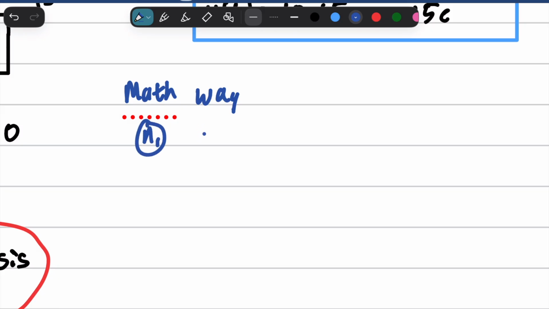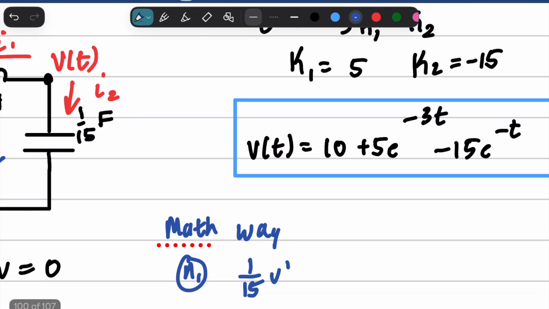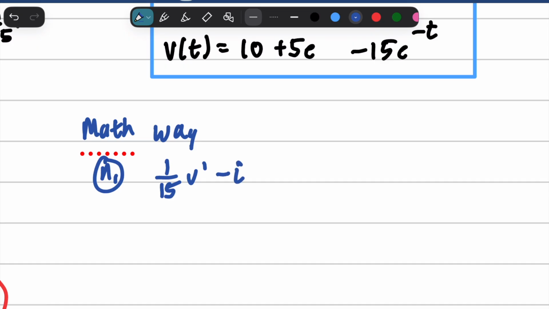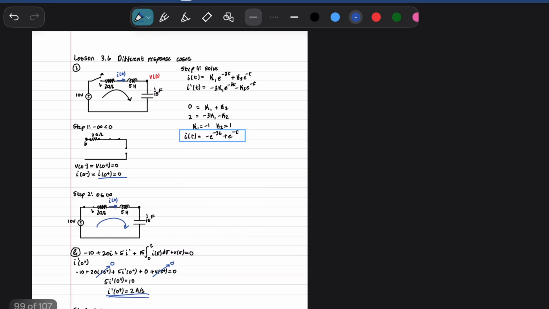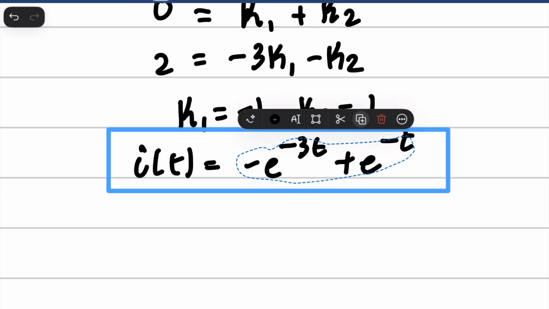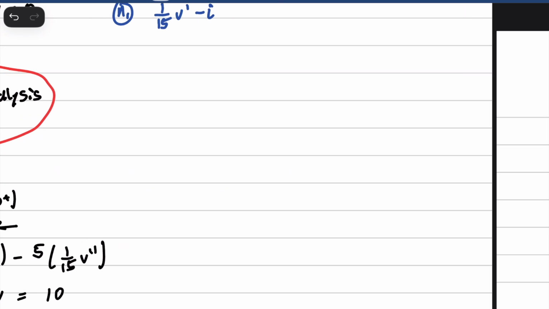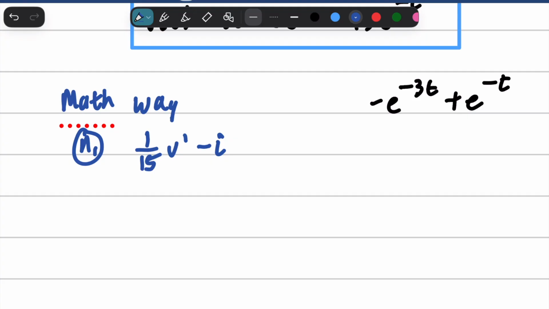I'm going to have 1/15 v prime in this first branch right here, and then I'm going to have -I in the next branch because that is I right here, which we found right here. So technically we're going to have to copy and paste this, move it right here just so that we have it for reference. -I equals 0, and then we're going to have 1/15 v prime equals I.